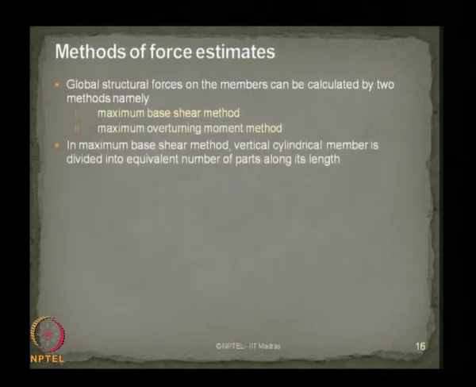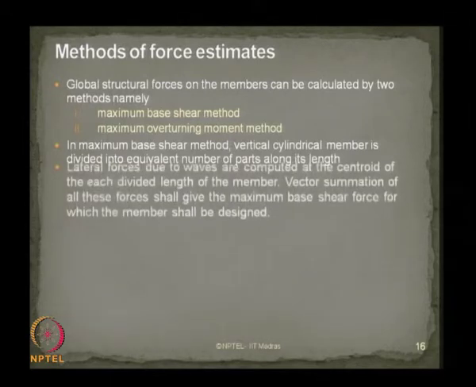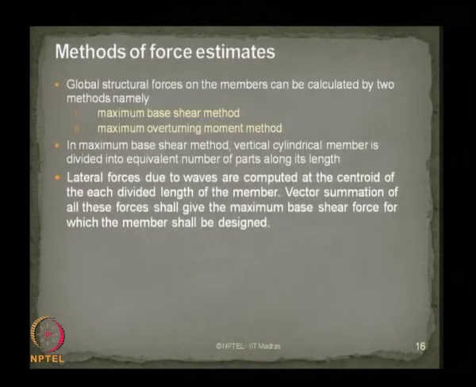In the maximum base shear method, the vertical cylindrical member is divided into an equal number of parts along its length. The lateral forces caused by the waves are computed at the centroid of each divided length of the member.